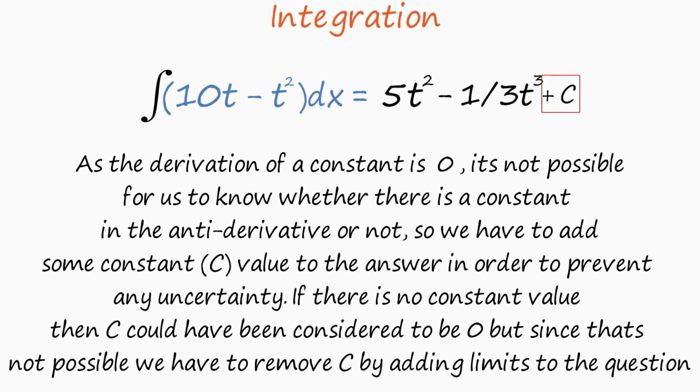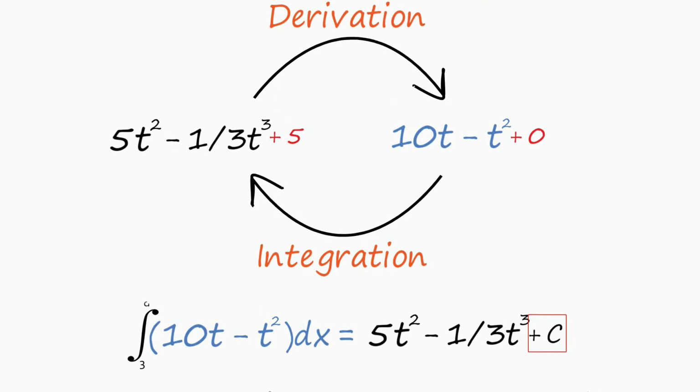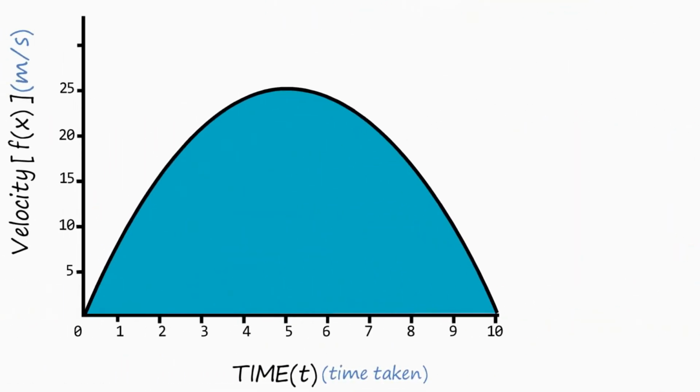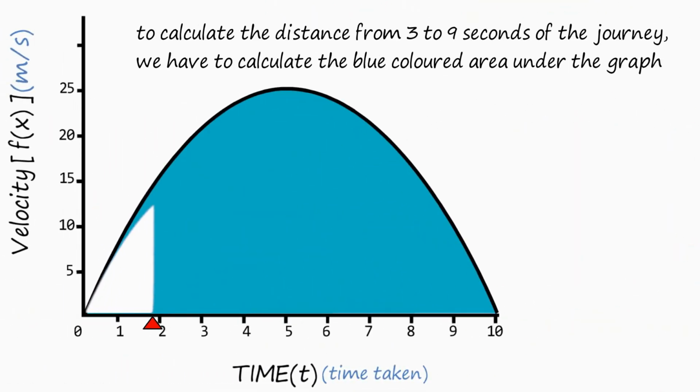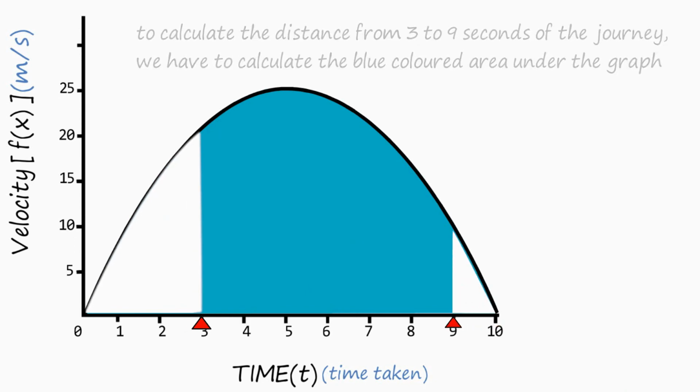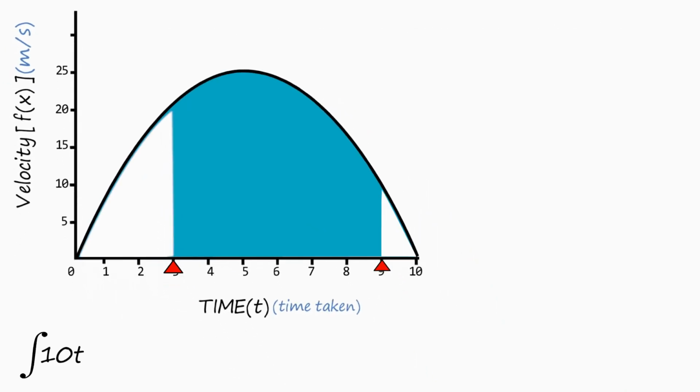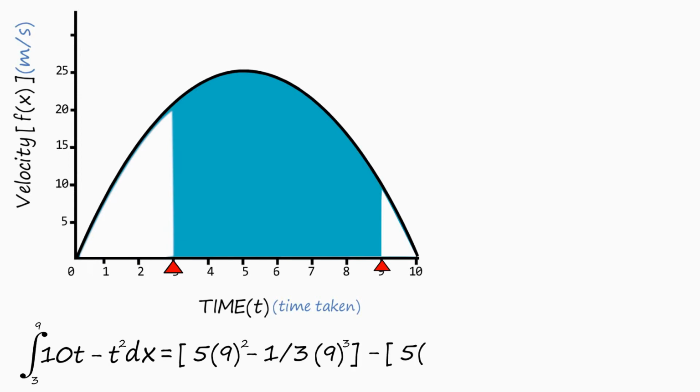We can add a third piece of information to the question. We can limit the integration to a starting and ending point. Like for example, I would want to know the distance traveled by the car from 3 to 9 seconds. So I first calculate the distance from 0 to 9 seconds and then subtract it from the distance traveled in 0 to 3 seconds.